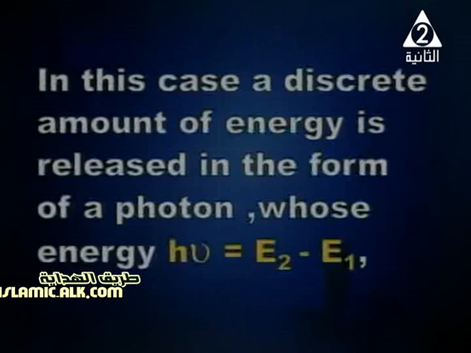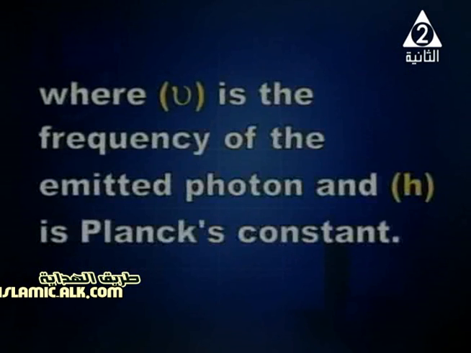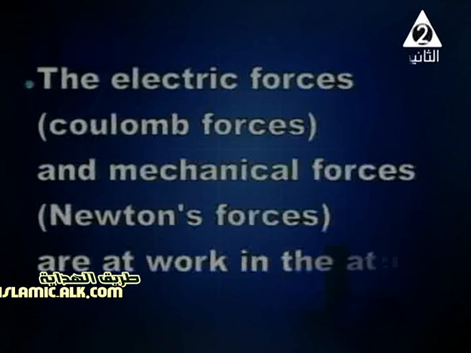Energy of the photon is given from the expression h nu, where h is Planck's constant, and this discrete amount is equal to the difference between the two energy levels, E2 minus E1. Nu is the frequency of the emitted photon, and h is Planck's constant.